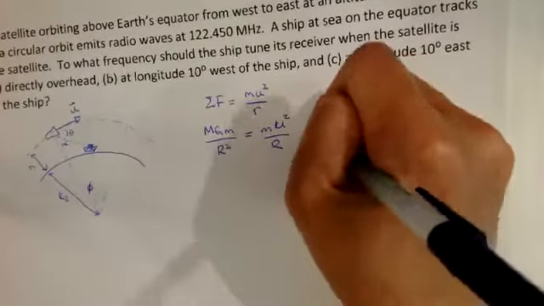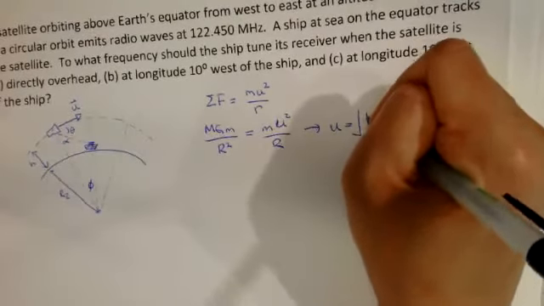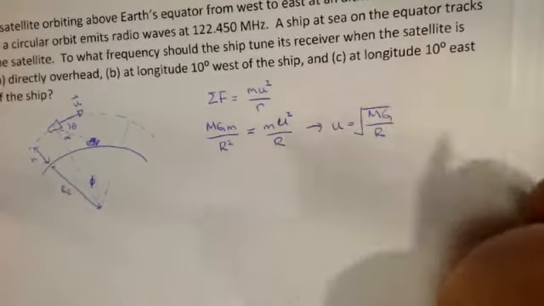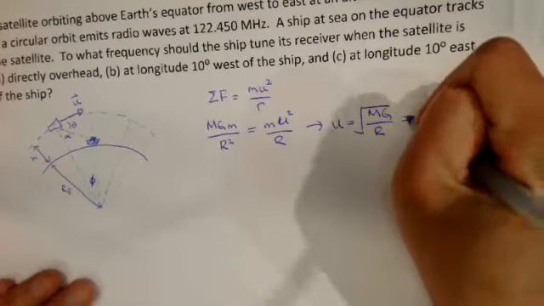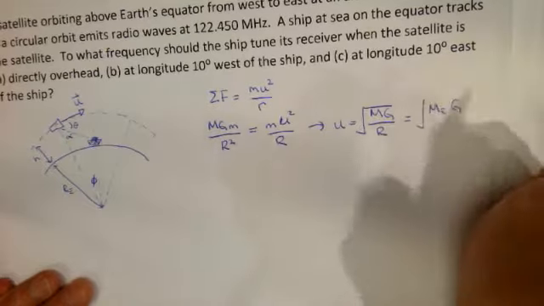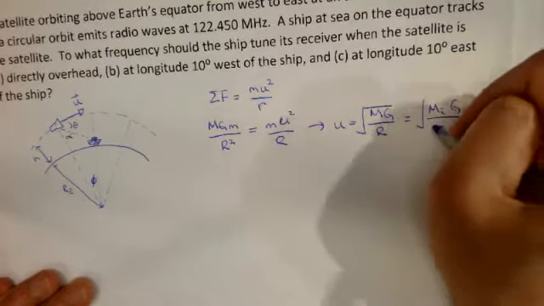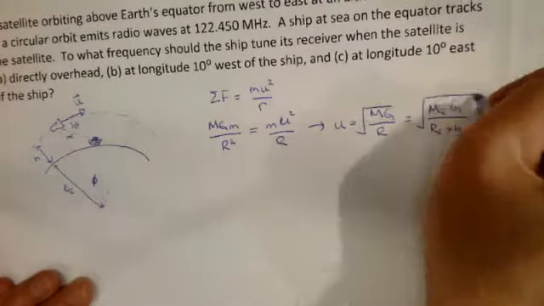We get that u is equal to the square root of mg over r, which again, mass of the Earth, universal gravitational constant, and then radius of the Earth plus height above the Earth, right?